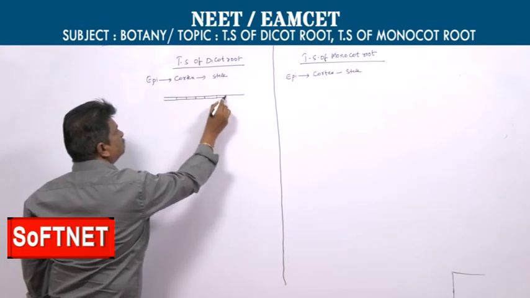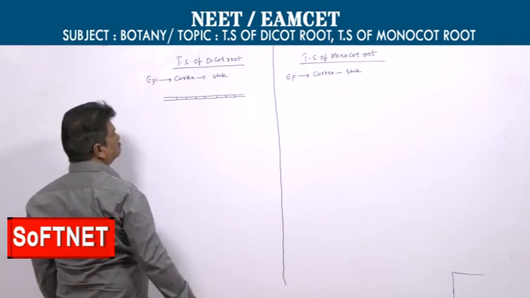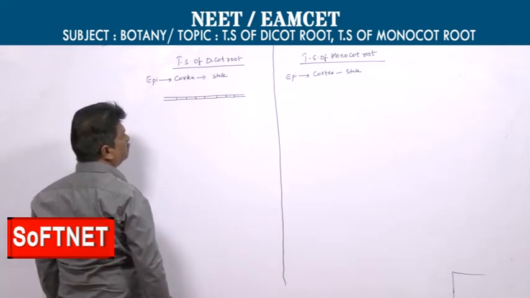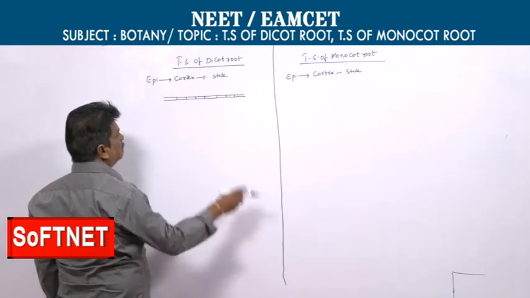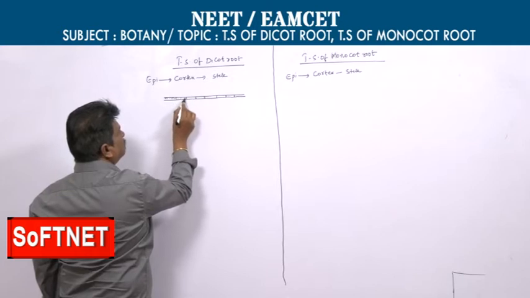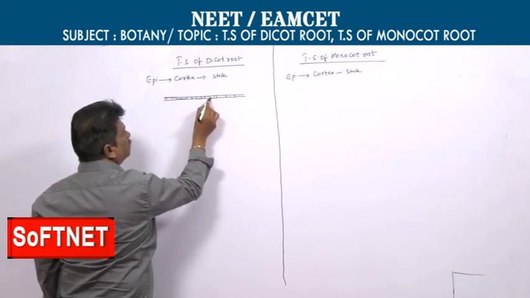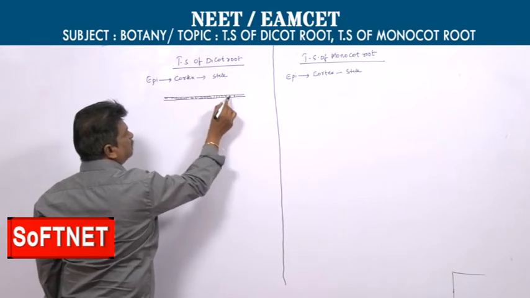Epidermis is single layered, made up of tubular or rectangular cells. They contain vacuolated protoplast, living cells.